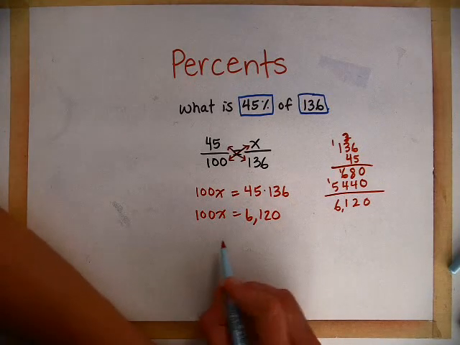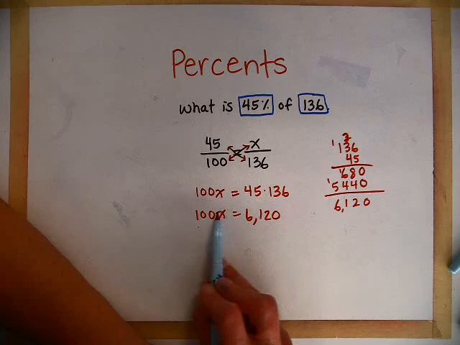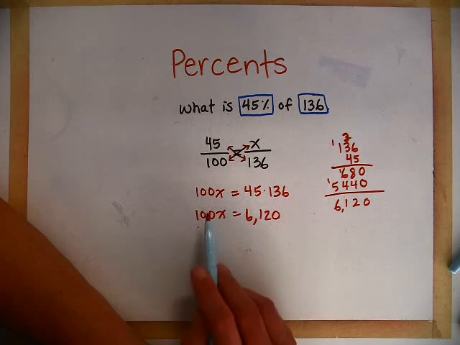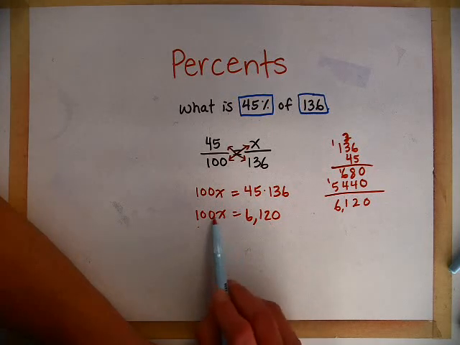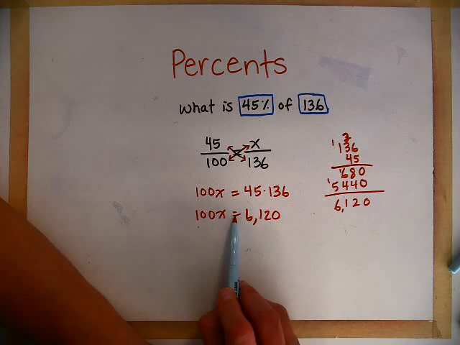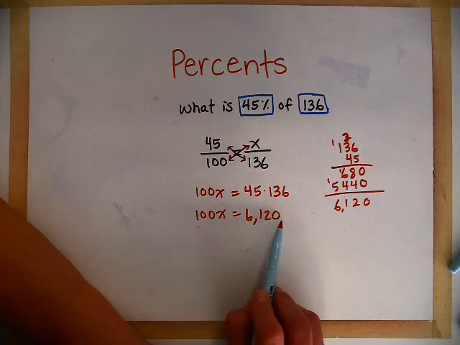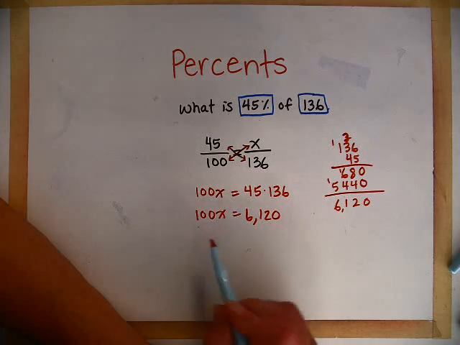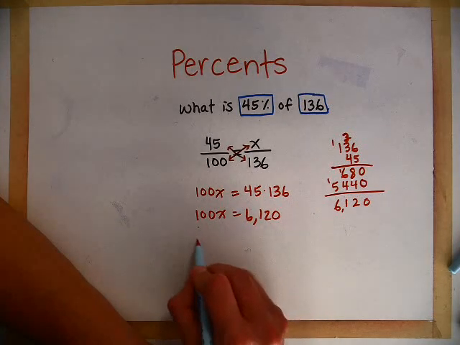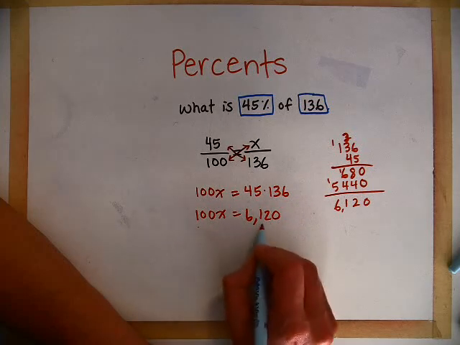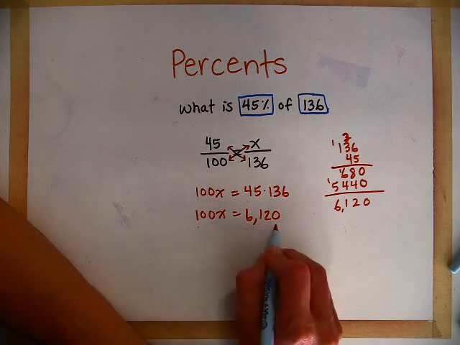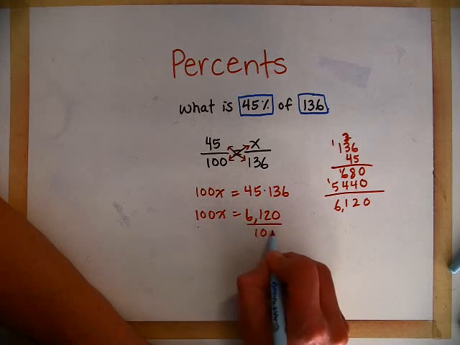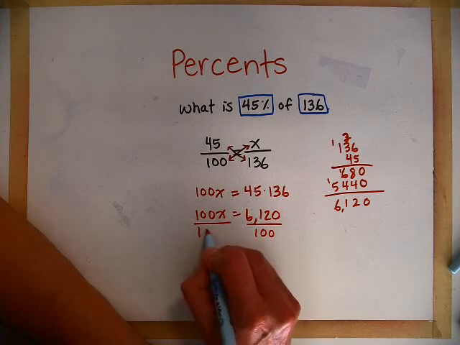Okay. So now you want to get x by itself. Here's the little algebra part right here. If this is 100 times something equals 6,120, then you can also say that 6,120 divided by 100 equals x.